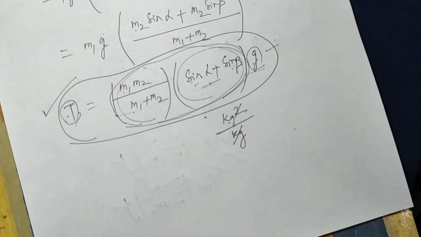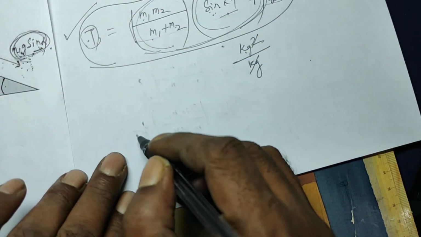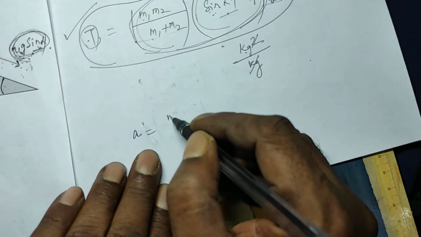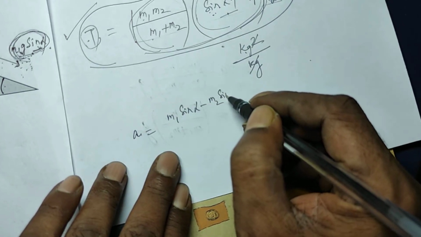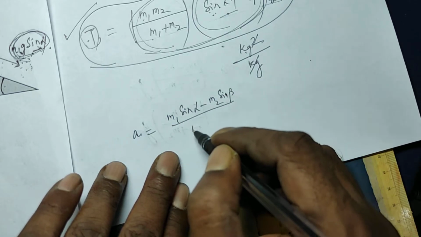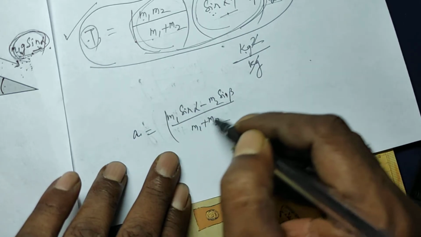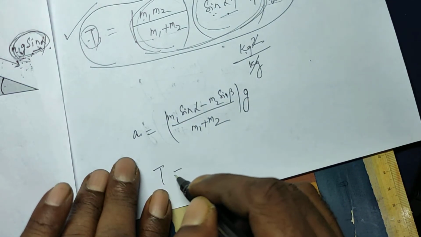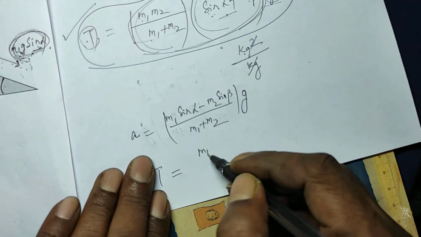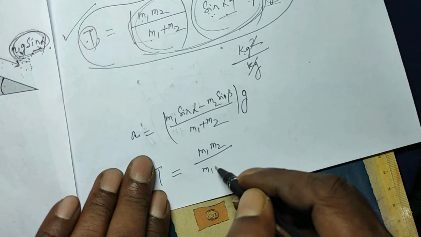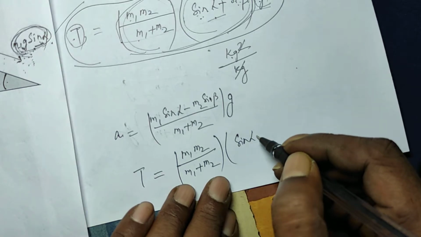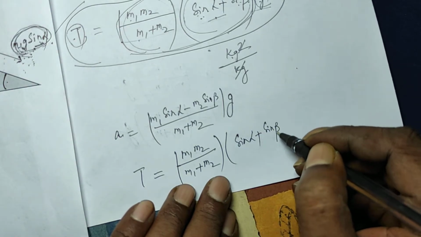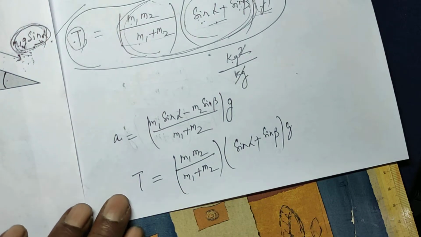So what I just derived for you is the following: the acceleration is (m1 sine alpha minus m2 sine beta) over (m1 plus m2) times g, and the tension I derived as m1 m2 over (m1 plus m2) times (sine alpha plus sine beta) times g, right?